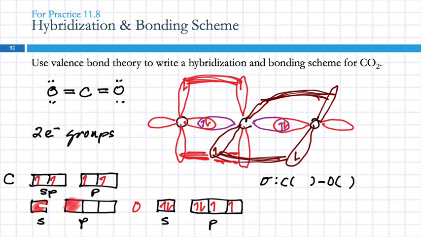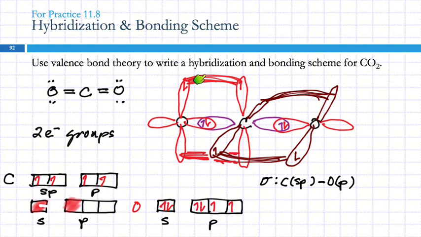It's using one of these sp orbitals, the hybrid orbitals. And what kind is oxygen using? We're looking for the half filled, yeah, p. So that bond and this bond have the same description. They're both sigma bonds between carbon and oxygen.